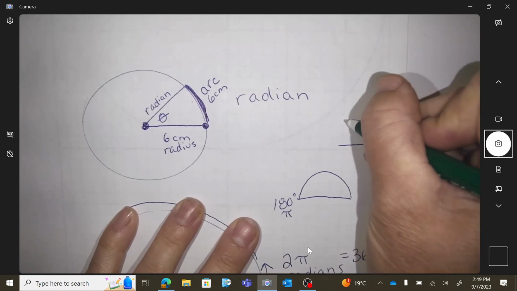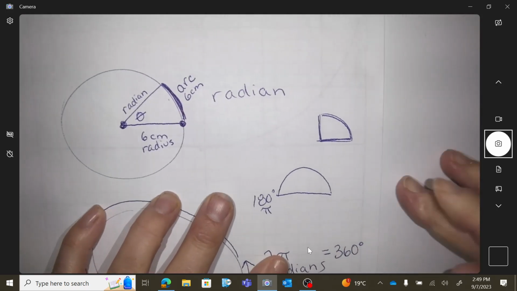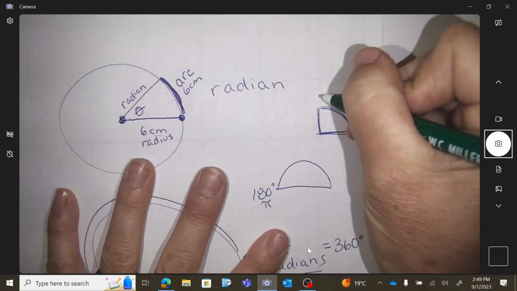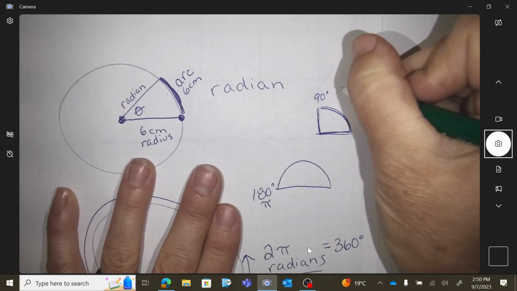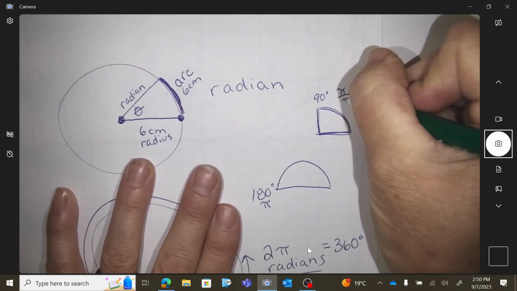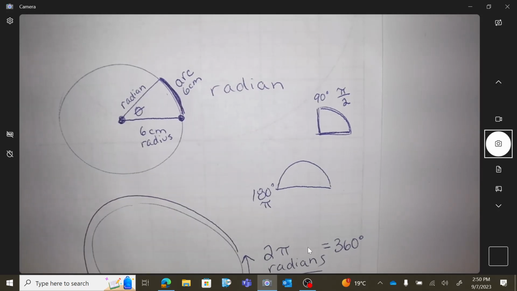How much would a quarter of a circle be in degrees? 90 degrees. How many radians? A half of a pi. Yeah, a half of a pi.